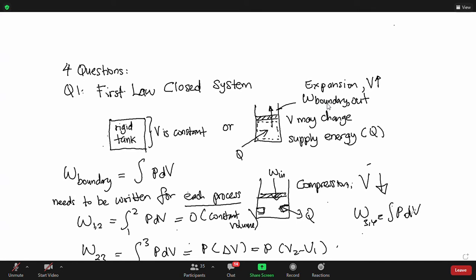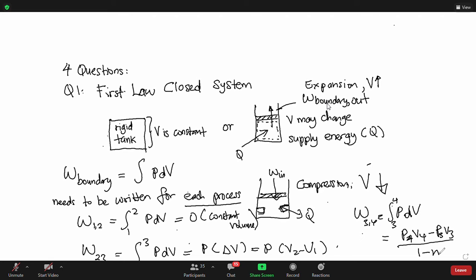So what is the equation? P1 V1, final minus initial, over 1 minus n. There you go. So this is how you evaluate boundary work.